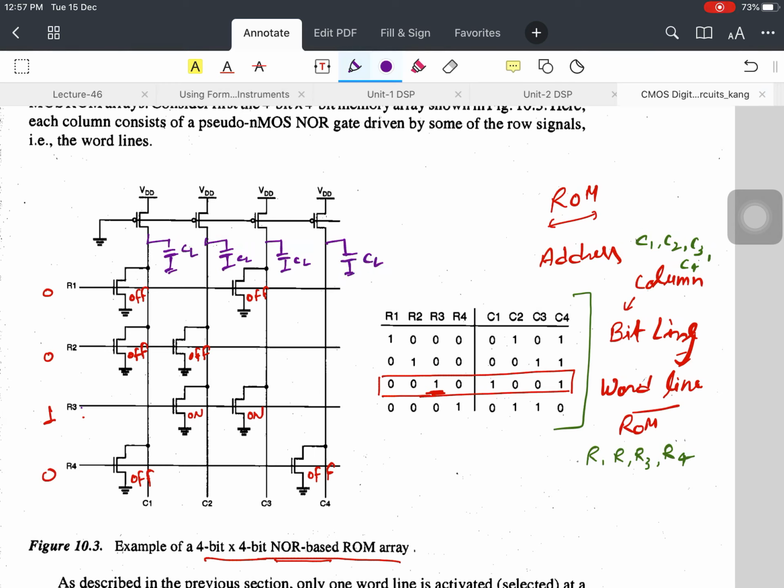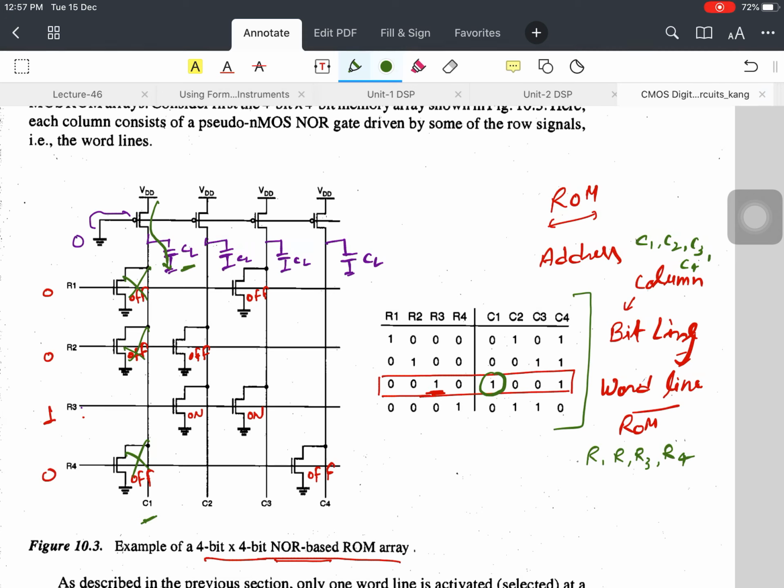In the starting, this is always connected to 0, so it will charge this capacitor from this path, and there is no discharge path because this transistor is off. So this capacitor value will remain the same. So the C1 value you are seeing is 1.